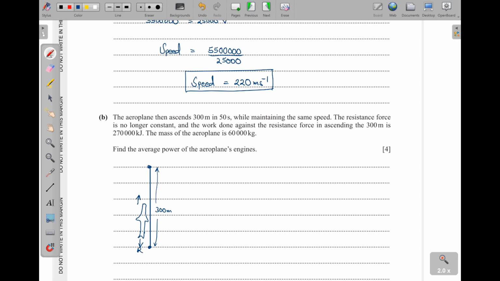Now, what I'm going to do here, I can use the work energy method, which states that work done by the driving force minus work done against resistance is equal to change in mechanical energy.